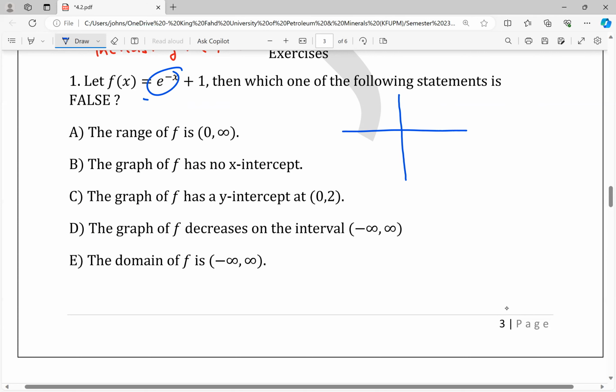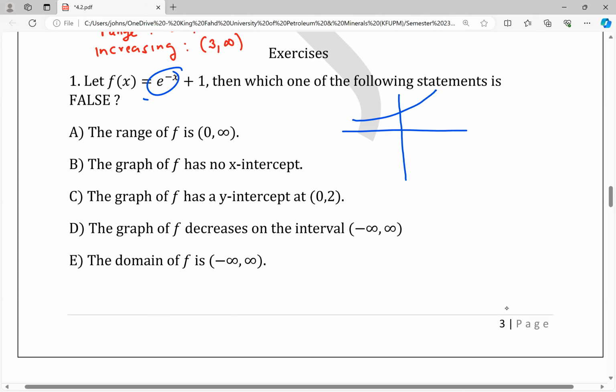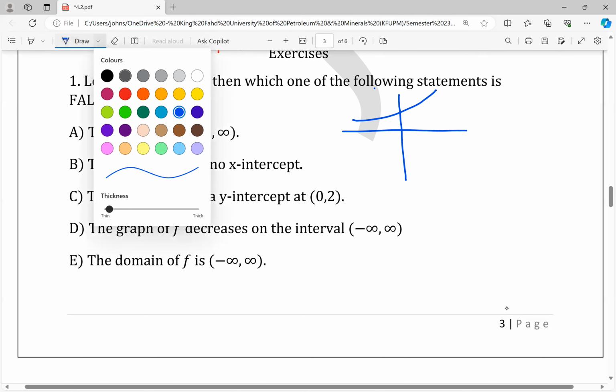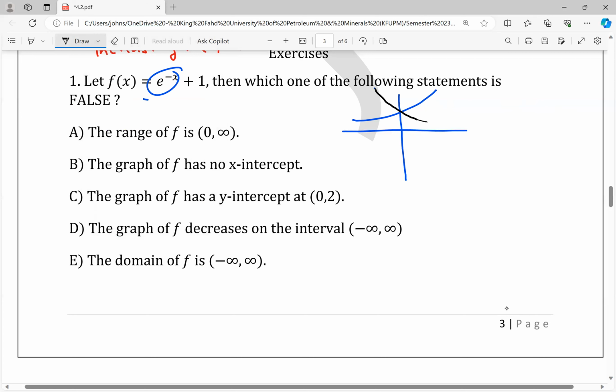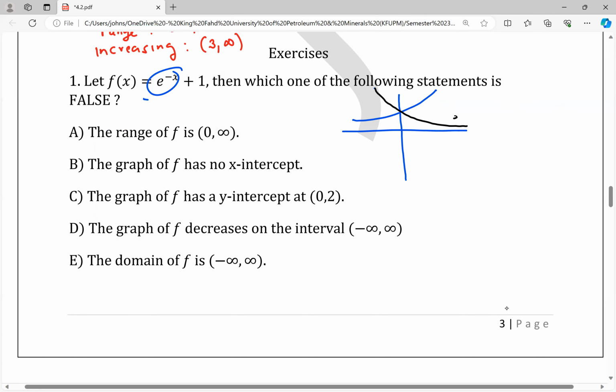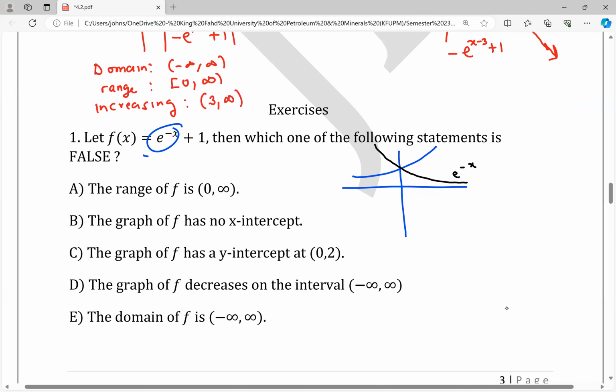What is this? This is e to the power x, right? So e to the power minus x is just a reflection across the y-axis. So it's just going to be this one, the black one. So now this is e to the power minus x. Then you want to go 1 unit up. So if we go 1 unit up, vertical translation, it will just give us this one.